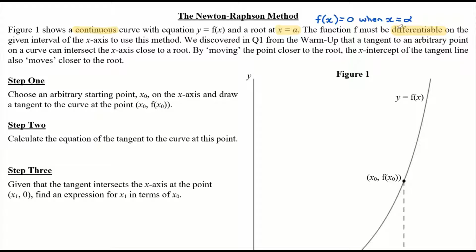Yes, we saw that. And we also saw that by choosing a point close to the root, the x-intercept of the tangent also moves closer to the root. So we're going to use this principle to develop this method. Okay, so let's get started on this.